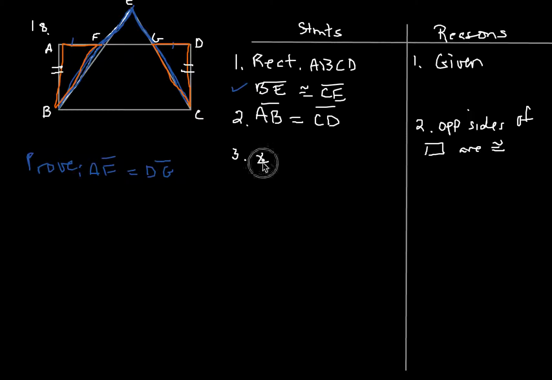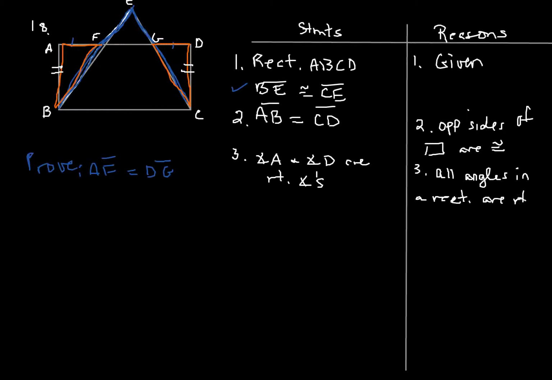Angle A and angle D are right angles, and we could say all angles in a rectangle are right angles. And then we would say angle A is congruent to angle D, and we'd say right angles are congruent.